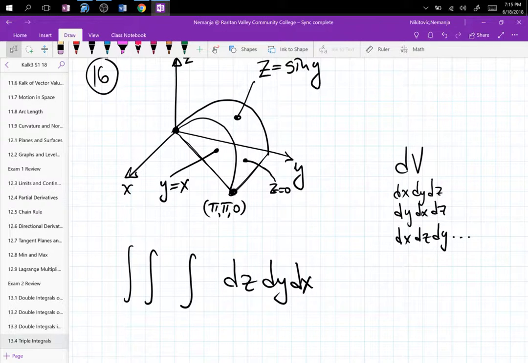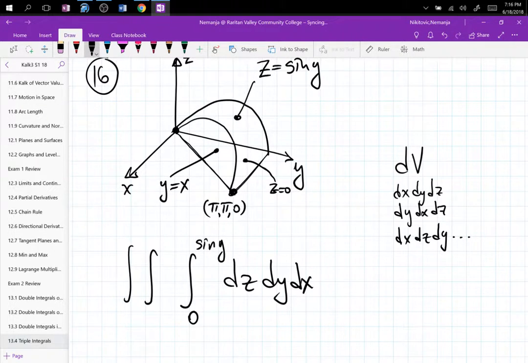If your dz is the most inner integral, then the limits of that one give you the floor, in our case the flat piece z equals 0, and then the top piece is z equals sine y. So we have that.